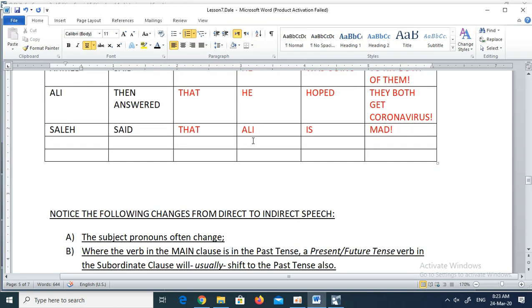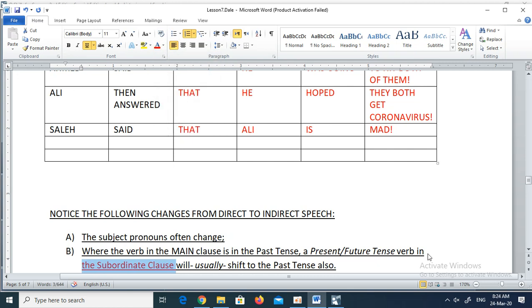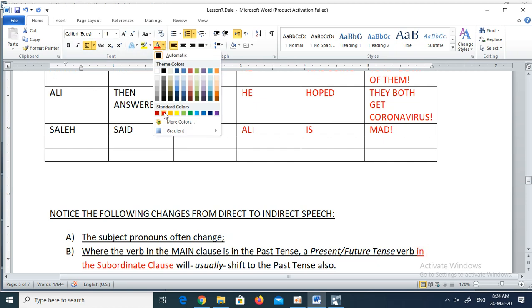Where the verb in the main clause is in the past tense, a present tense verb or a future tense verb in the subordinate clause will usually shift to the past tense. It does not always shift. Okay, the subordinate clause is the bit that I have got in red.